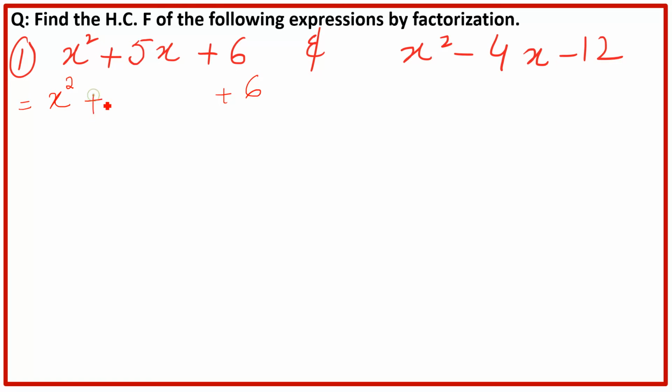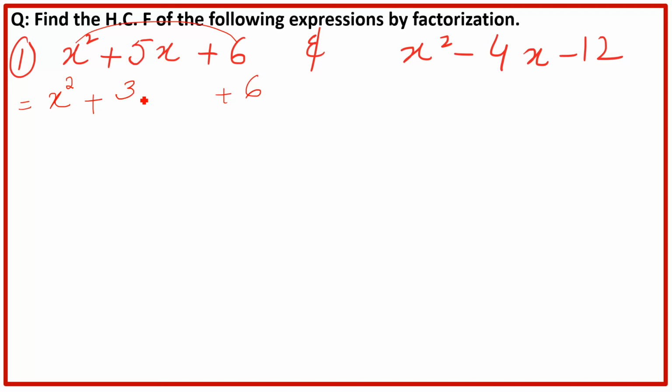Now instead of this 5x, we will write down two terms in such a way that when we add or subtract those terms, it should be equal to positive 5x. But when we multiply those two terms, it should be equal to 6x square. And again, why 6x square? Because you have to multiply the first and last term, 6x square.